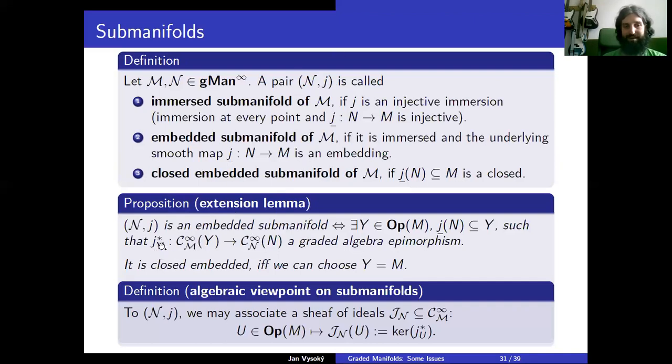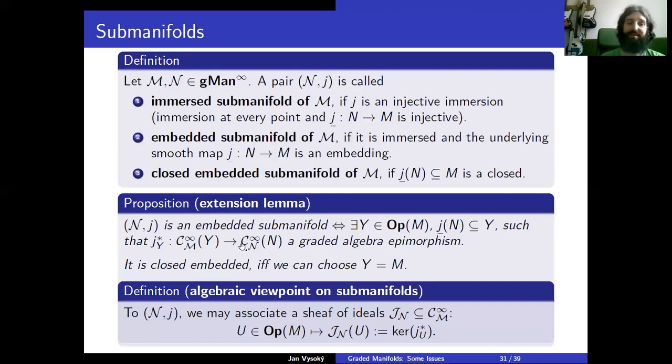embedding map, because it's a sheaf morphism, has to be evaluated on some open subset Y. Then I obtain a graded algebra morphism from functions on M on the open subset Y to global functions on N, and this is a graded algebra epimorphism, which means basically that any global function on your embedded submanifold can be extended to some smooth function on the ambient manifold.